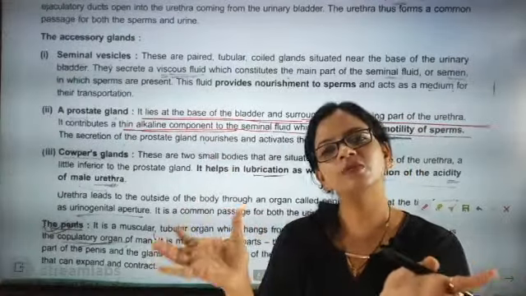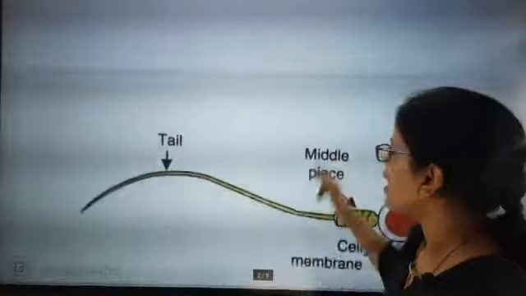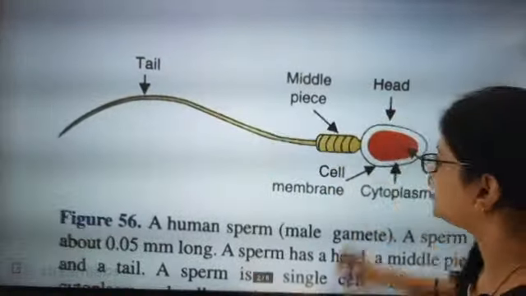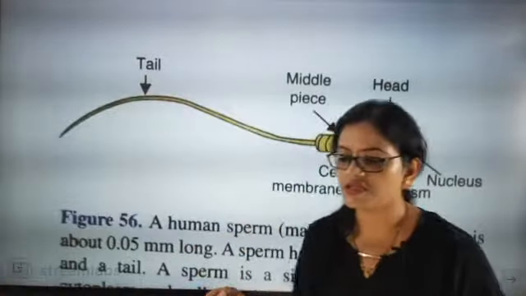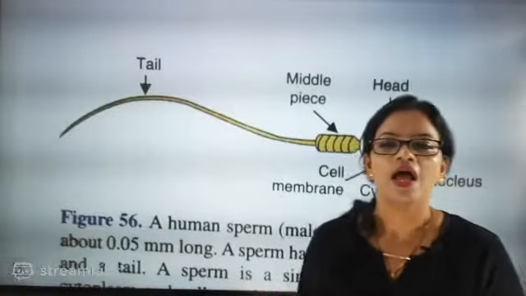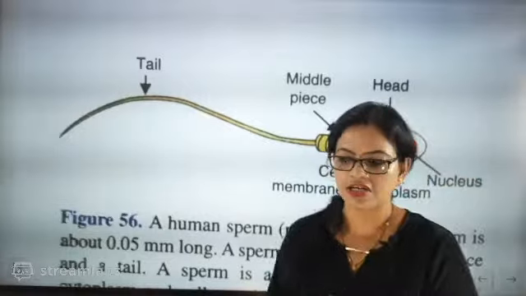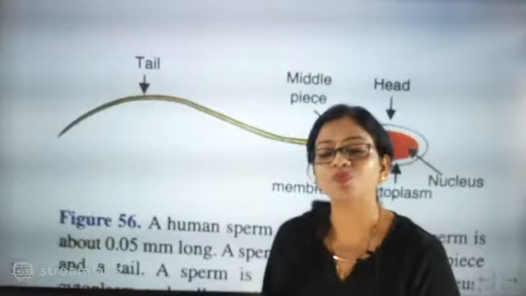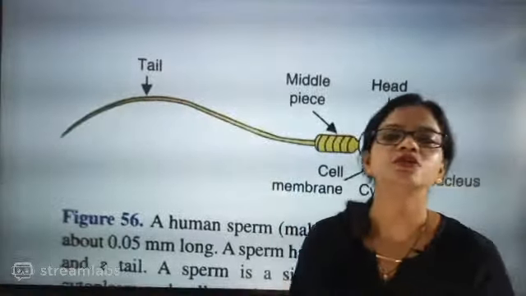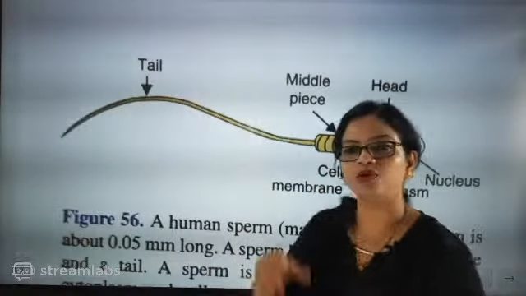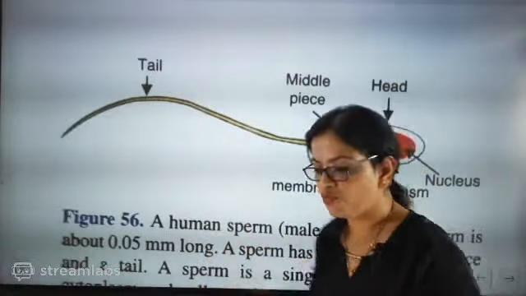Sperms have a tail, a middle piece and a head portion. The seminal vesicle, Cowper gland and prostate gland provide much nourishment and fluidity to the sperm, so that the sperm will have motility or movement.